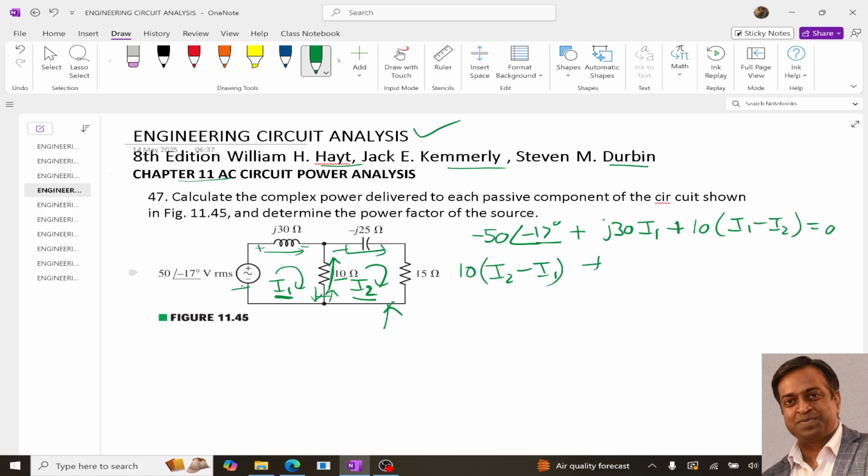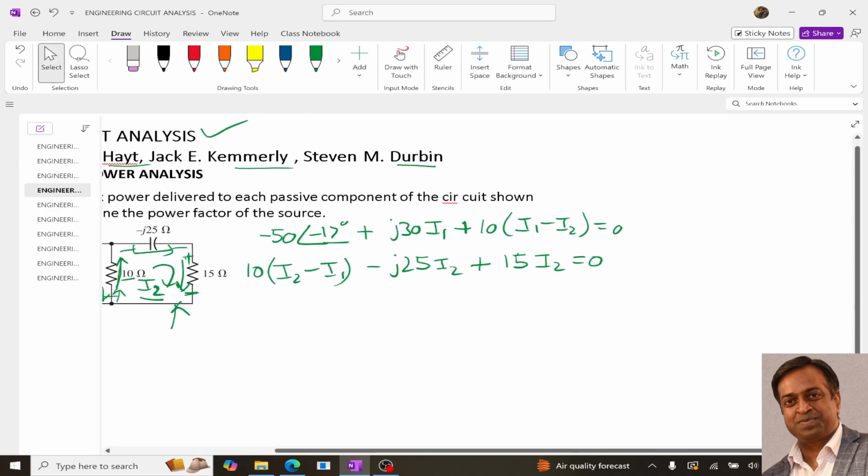Going over here, the current is only I2, so it will be minus j25 I2. Then coming down, plus 15 I2 equals 0.